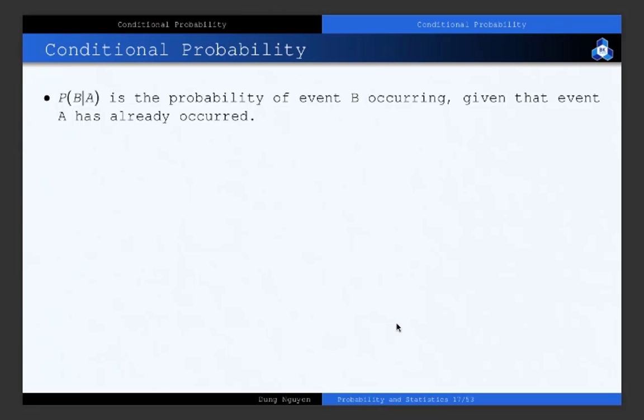Now I'm ready to introduce to you the next concept of conditional probability. What is this? The conditional probability of B given A is the probability of event B occurring given that event A has already occurred.